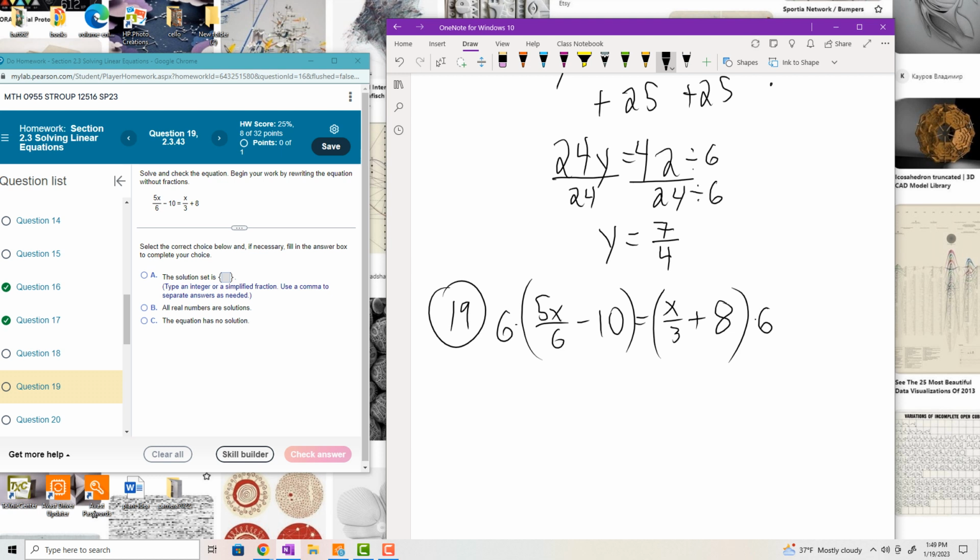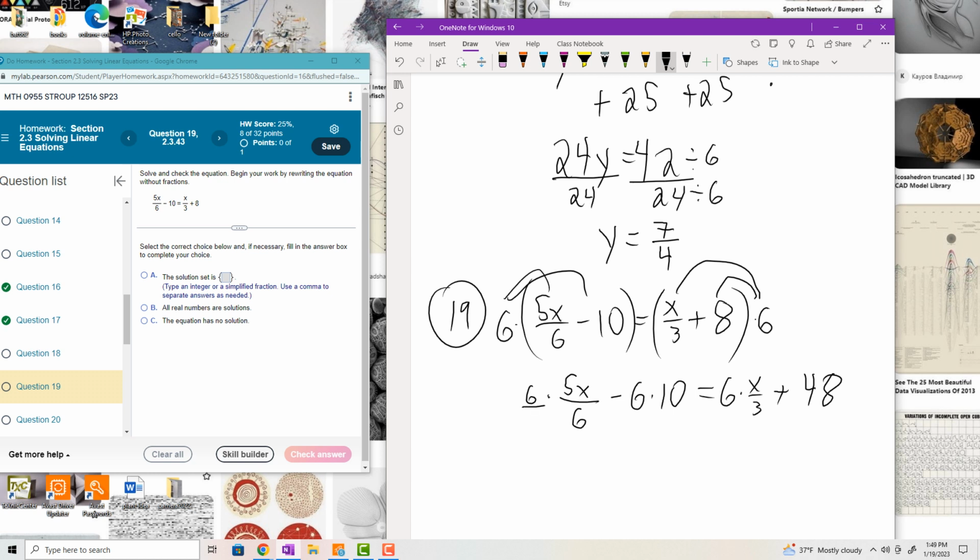Okay. I'm going to write it all out rather than doing it in my head this time. So 6 times, I'm distributing, so 6 times 5x over 6 minus 6 times 10, the second distribution. And then on the right here, I'll have 6 times x over 3 plus 6 times 8 is 48.